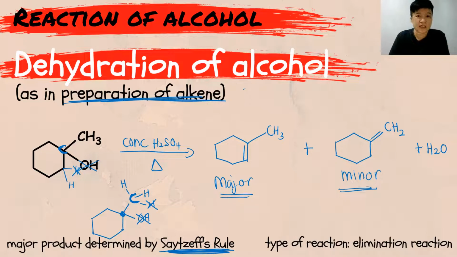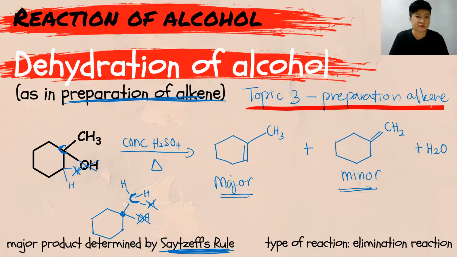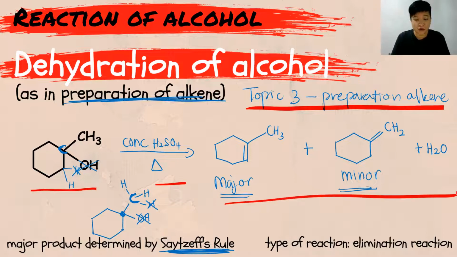If you are not getting it, please check topic 3, the video of preparation of alkene in the playlist. I have a clear and simple version of explanation in that video about how to prepare alkene by using the same reaction, which is the dehydration of alcohol, more about the Saytzeff rule and how to determine the major and minor. Alright, you can check this video.